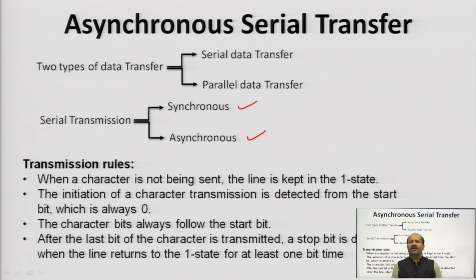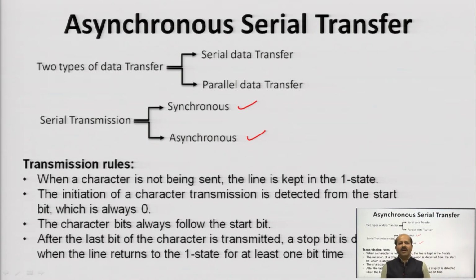So, as we have seen in the handshaking protocol, how the devices inform each other in case of data transfer. Using that methodology, we have to append some extra encoded bit with the character bits or information bits. So, we need to understand the transmission rule.